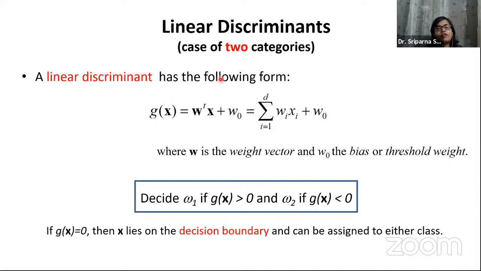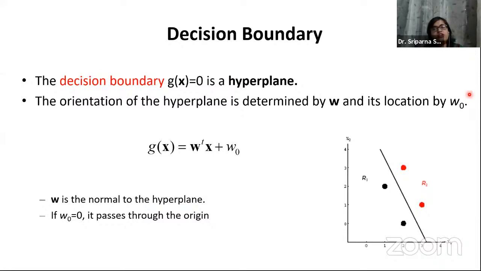If that value is greater than 0, it will be class 1; if it is less than 0, it will be class 2. That is the linear discriminant function. Here you can easily understand the decision boundary.